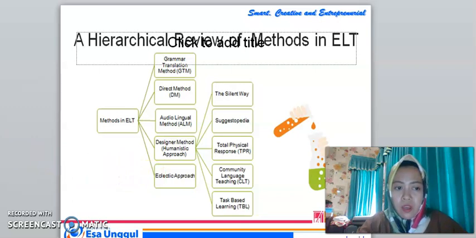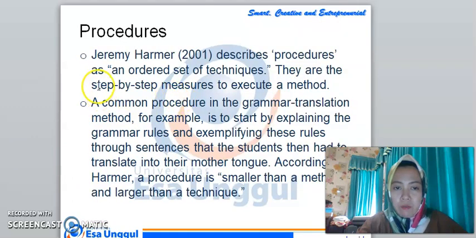Then we also have another term, procedure. According to Harmer, procedure is an ordered set of techniques. They are step-by-step measures to execute the method. So if the method is cooperative learning, then here we have some steps in teaching cooperative learning in the classroom.